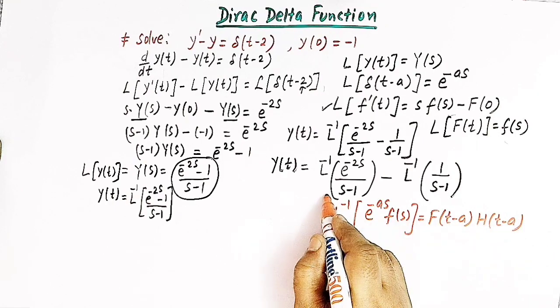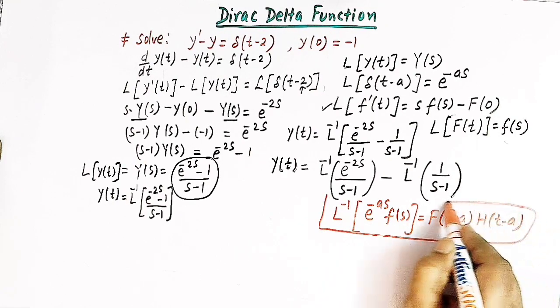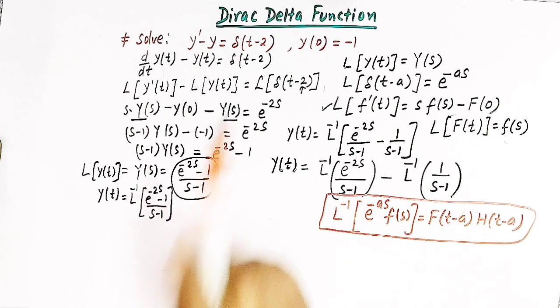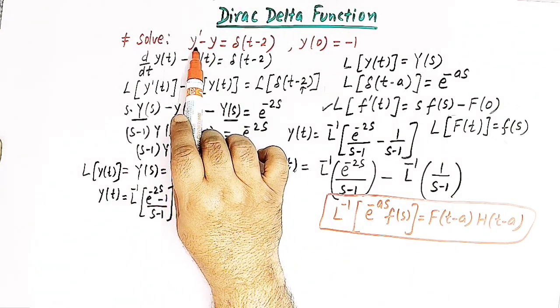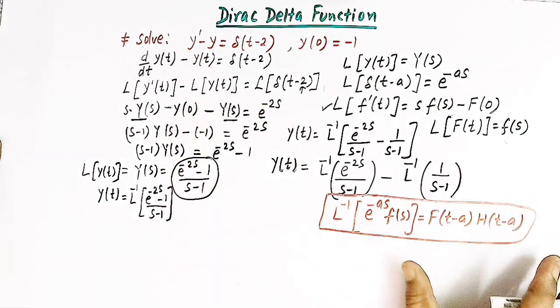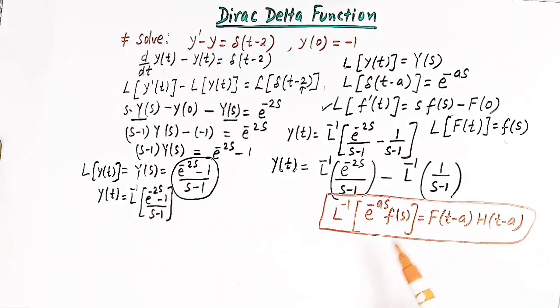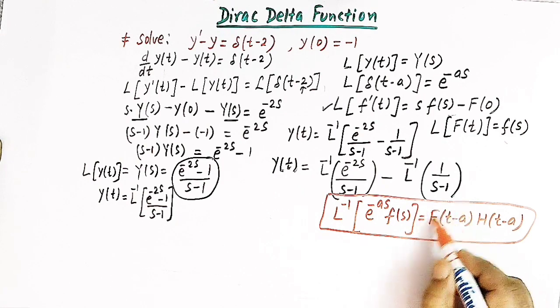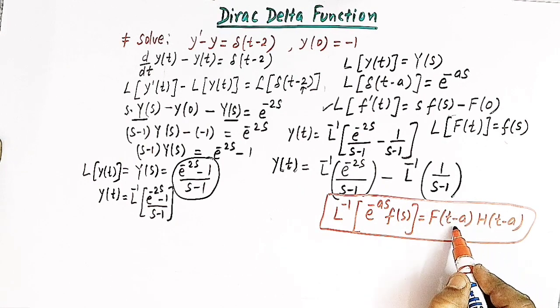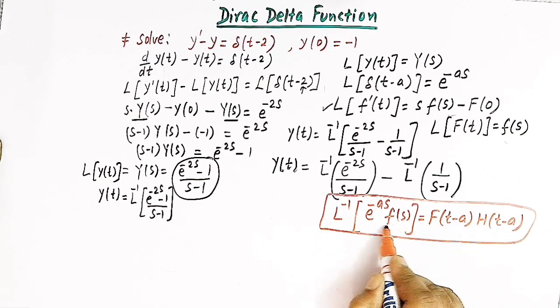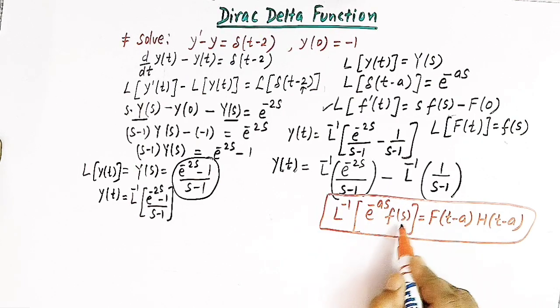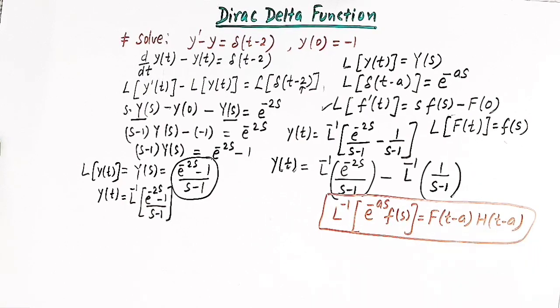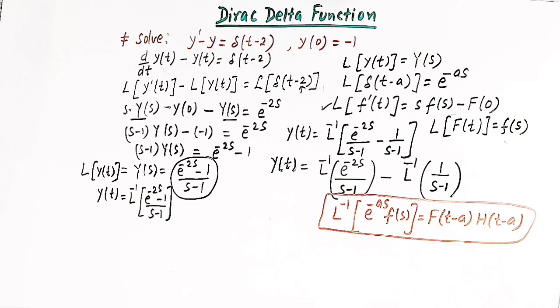This is an important result while solving differential equations of this type, so always remember this result. Here f of t minus a is the function associated with the inverse Laplace transform of F of s, and h of t minus a is the Heaviside unit step function.